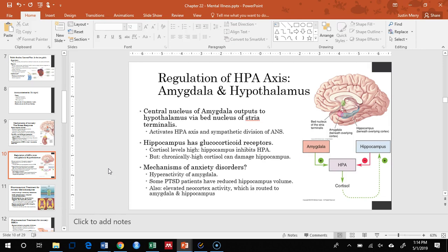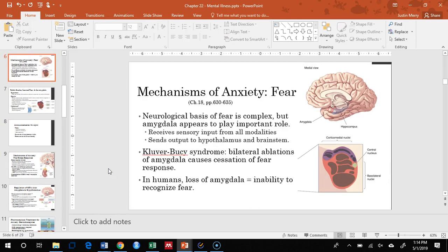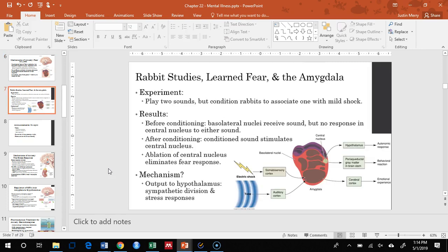Certainly, in terms of mechanism of anxiety disorders, we went through the role of the amygdala in generating fear responses, especially learned fear responses. We also talked about how the amygdala sends signals to the central nucleus that constitute these learned fear responses, and that sends signals to the hypothalamus.